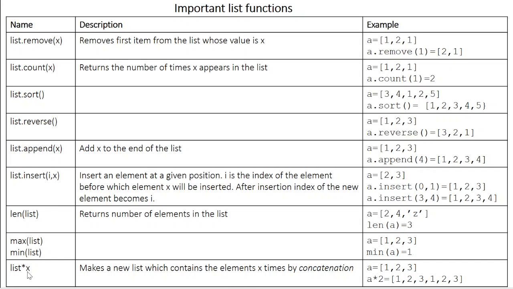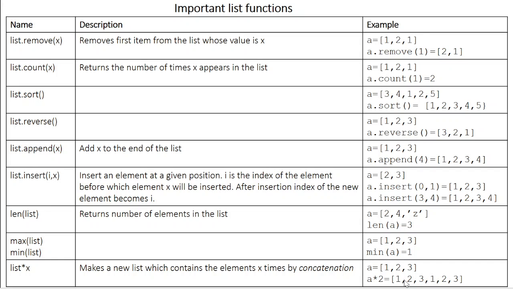And if you say list multiplied by a number, this is not mathematical multiplication, this is known as concatenation. This makes a new list which contains the elements x times by concatenation. I will give an example. A equal to [1, 2, 3]. When you say A * 2, basically you will be given a combination of A two times.